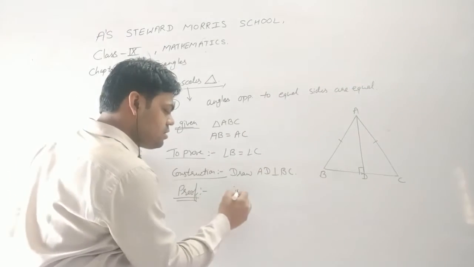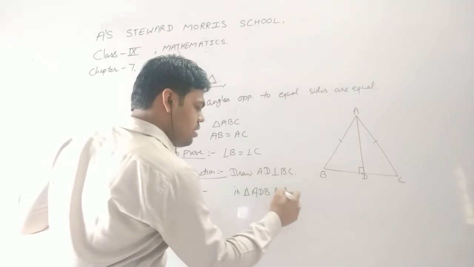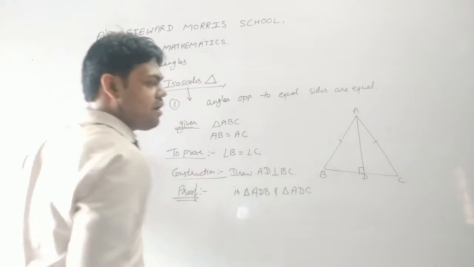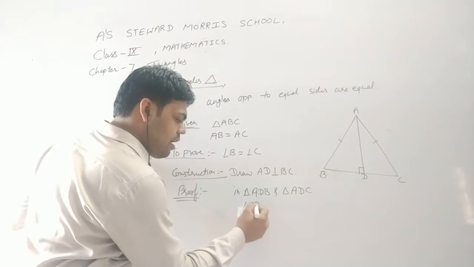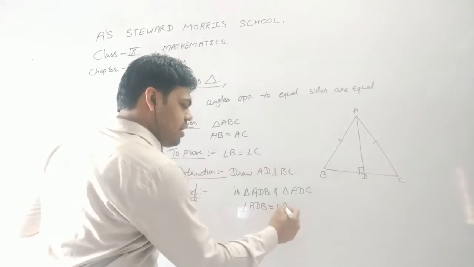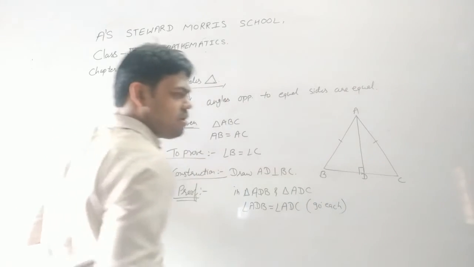See, in triangle ADB and triangle ADC, these two triangles we are taking. The first part is angle ADB equals angle ADC. Reason: 90 degrees each.